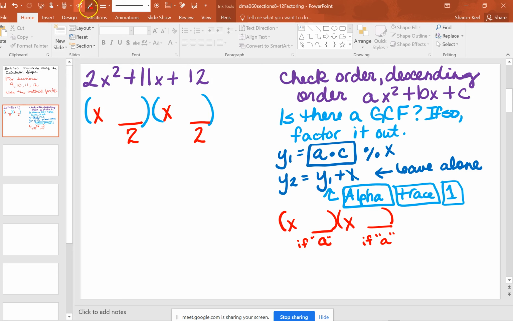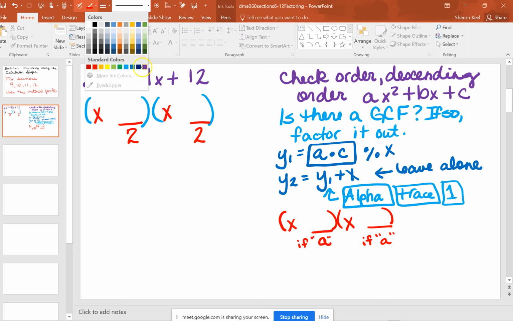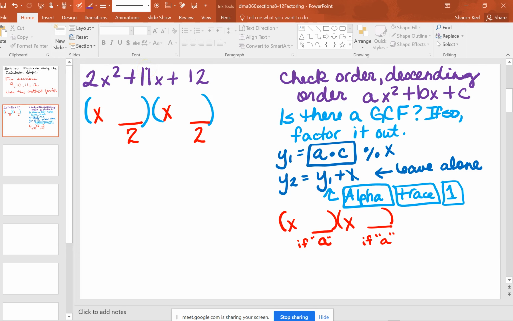So once we've done that, let me change colors here. Okay, so we're going to multiply a times c, which is 2 times 12. So 2 times 12 is 24, 24 divided by x. So y1 in this example is 24 divided by x.